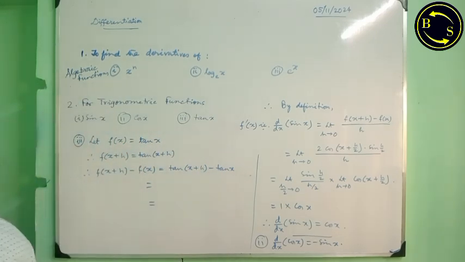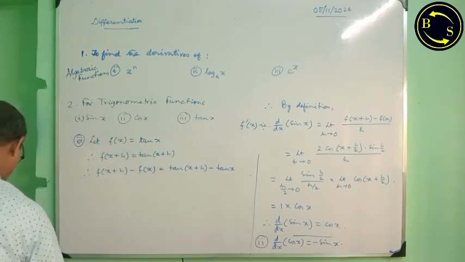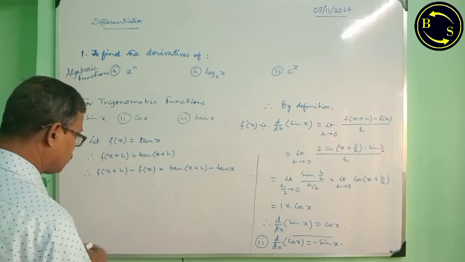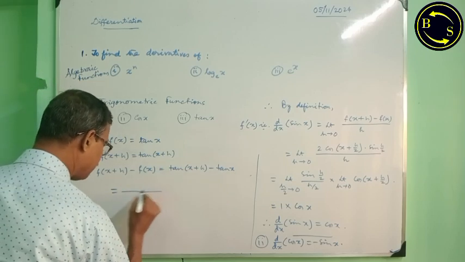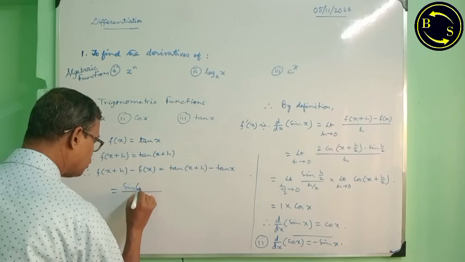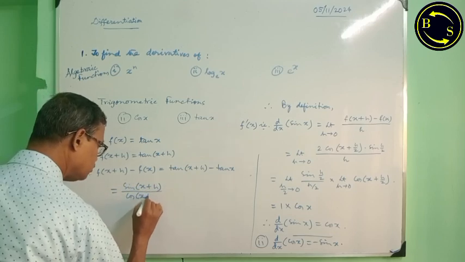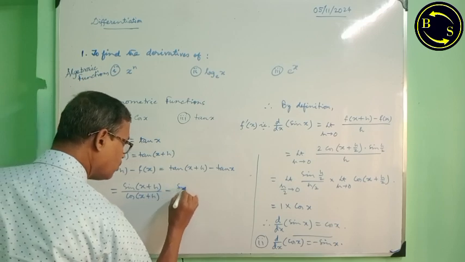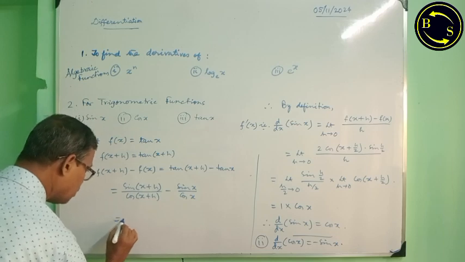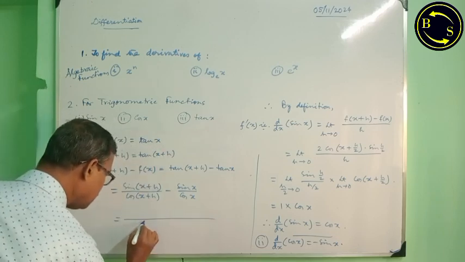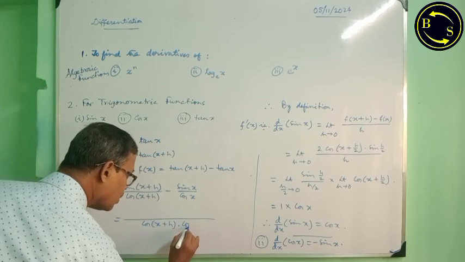Now, to use the standard limit, we have to simplify this one. How? Tan can be written as sin by cos, denominator will be cos of x plus h into cos x.